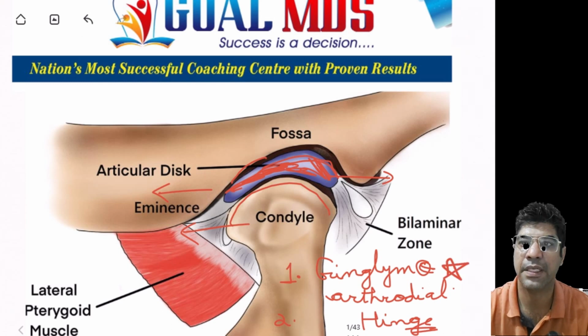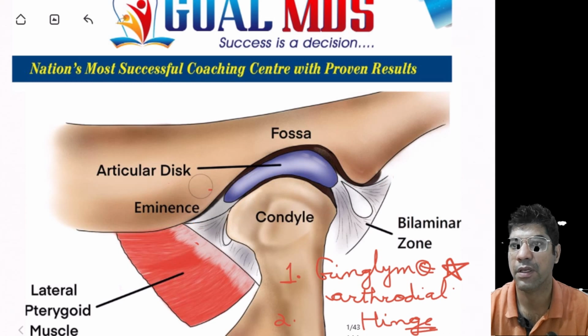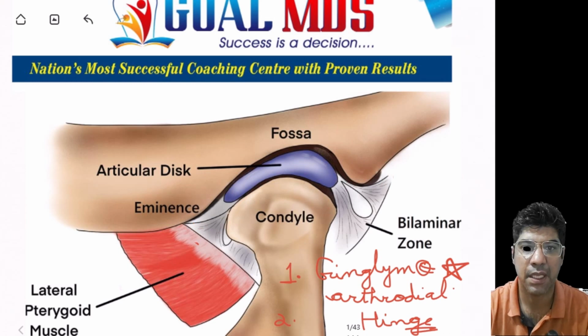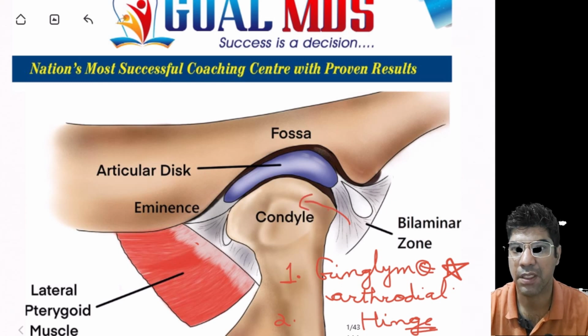Second is the hinge joint. It also acts as a hinge joint. Hinge joint means that it involves the rotation of the condyle within the mandibular fossa.